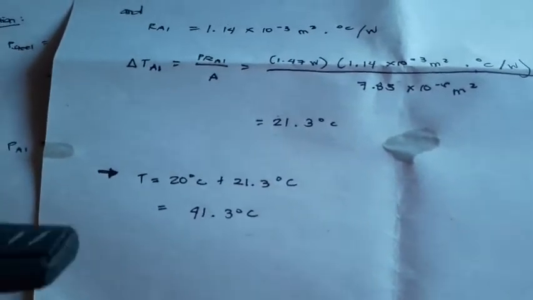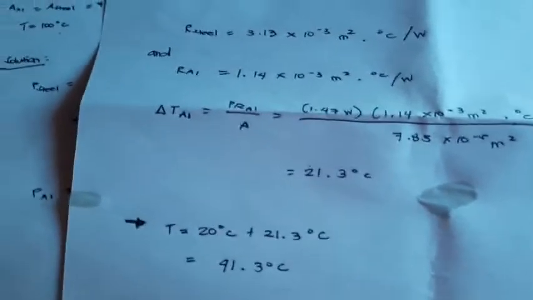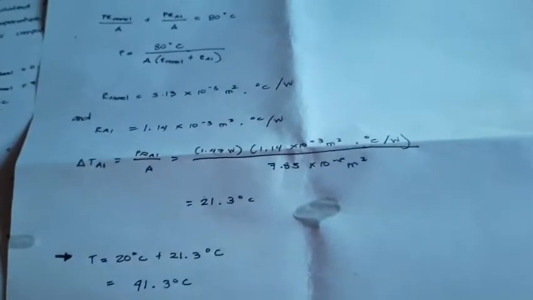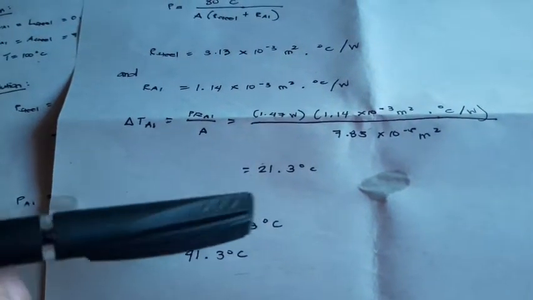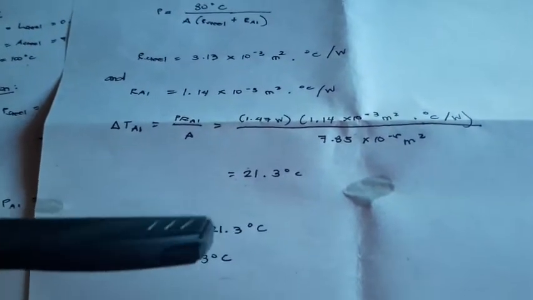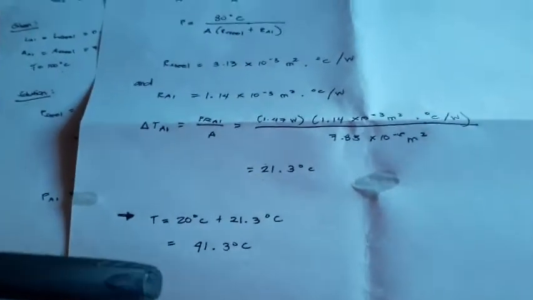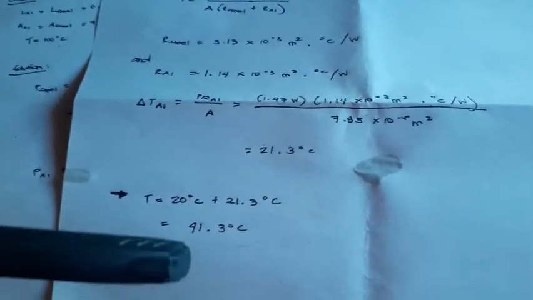So T is equal to 20 degrees Celsius, the cold temperature, plus the change of T aluminum, which is 21.3 degrees Celsius. So we just add, and it will become 41.3 degrees Celsius. So it is the same as our first method. The only difference is that a different method was used.